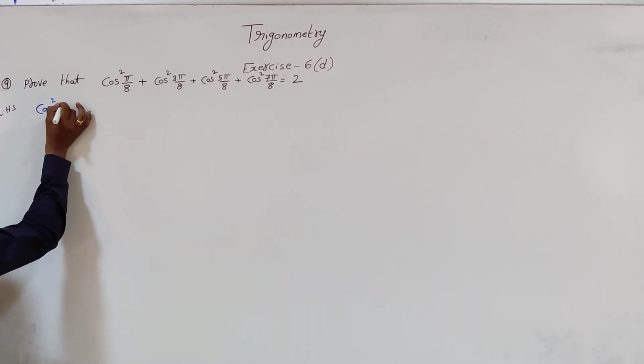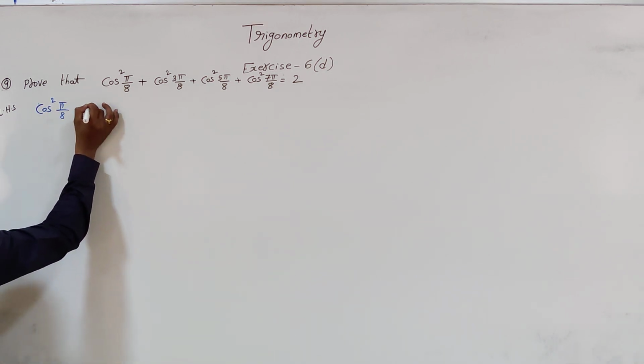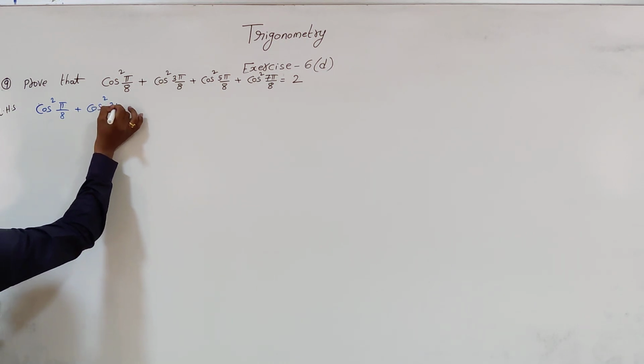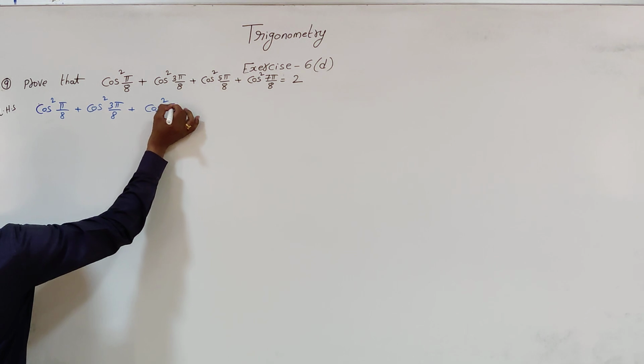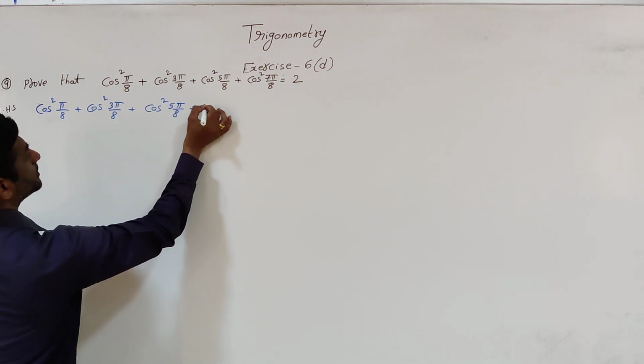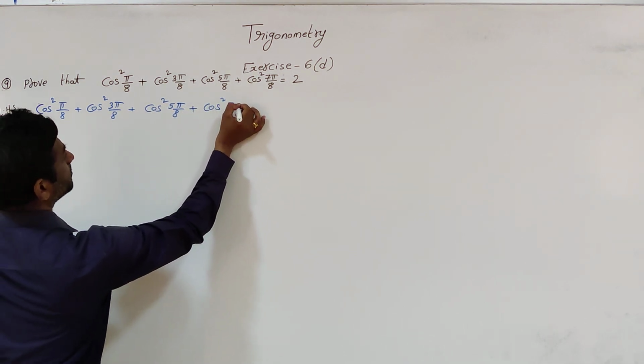LHS: cos square pi by 8 plus cos square 3 pi by 8 plus cos square 5 pi by 8 plus cos square 7 pi by 8.